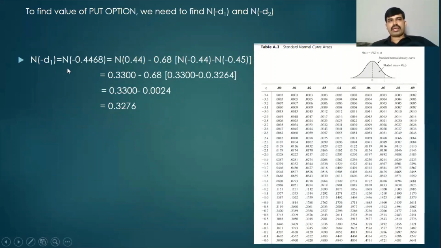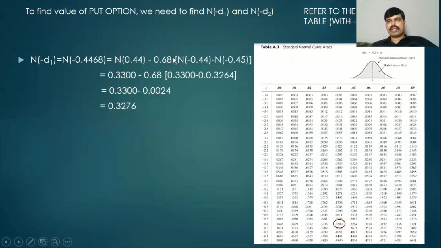So the first one, considering the value of negative 0.4468, we will first consider the value at the intersection of negative 0.4 and the column 0.04, and the value that we will be able to get is 0.3300.